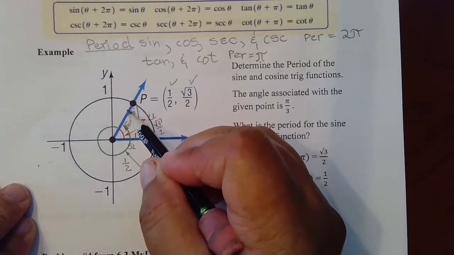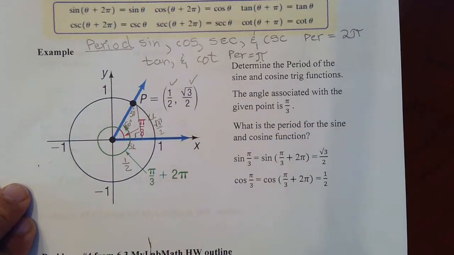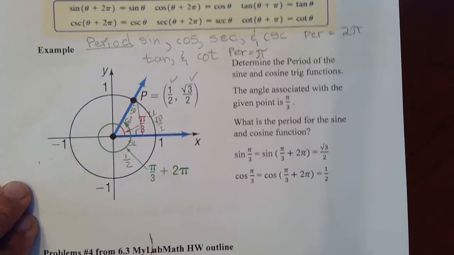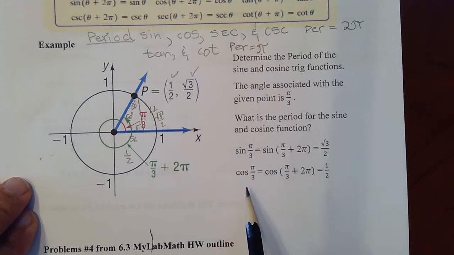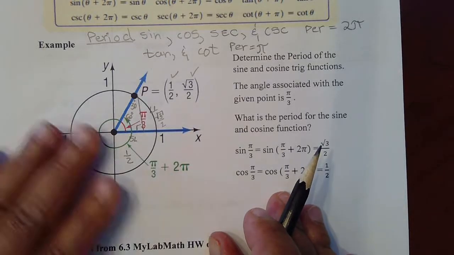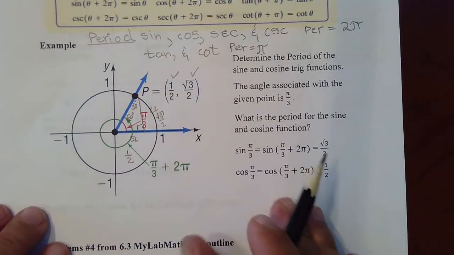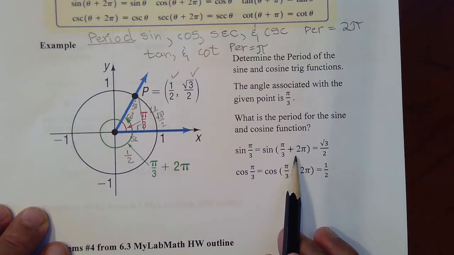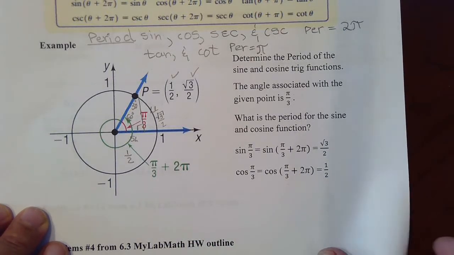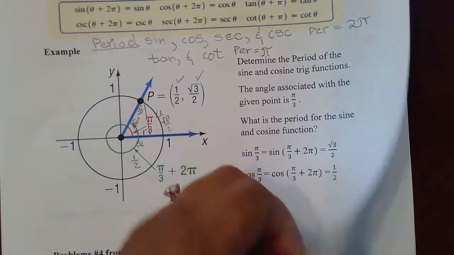So I'd be right back here again and end up getting these same values again. And that's what we mean by the periodic nature of a trig function, where the values repeat. For sine and cosine, that amount, that distance that you have to move in order for values to start repeating is 2 pi, and we refer to that as the period.